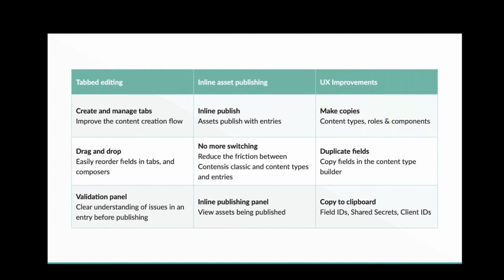Showed how assets can now be published in line with an entry, reducing the friction between going up to the classic approval screen. The inline publishing panel highlighting which new assets haven't been published yet. Showed how to make copies of content types, roles and components, duplicating fields, and those copy to clipboard functions. So that summarizes the updates for 12.1.